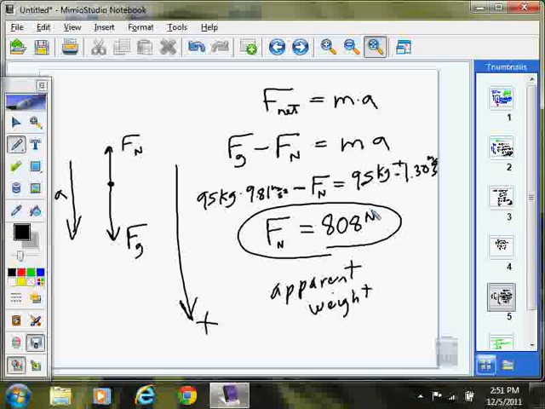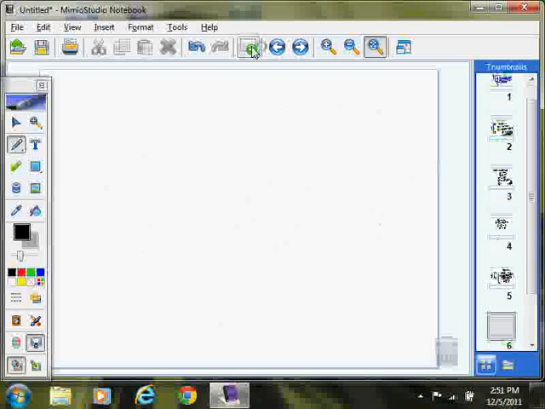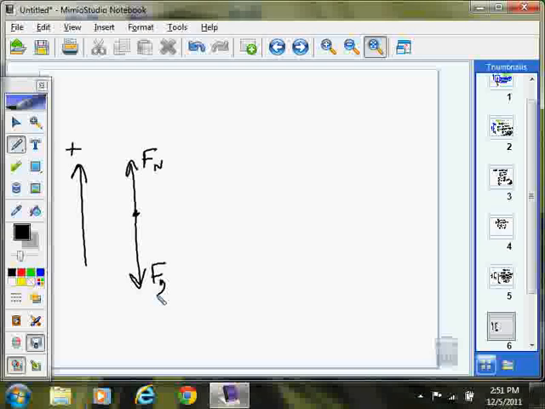Now, other students like to have consistency. So they would have done that last part keeping up as positive, yes? They would have had the normal force and the weight force, and they would have said the net force equals the mass times acceleration. But if they're using up as positive, their expression for the net force would still be Fn minus Fg, and then this would be 95 kilograms.